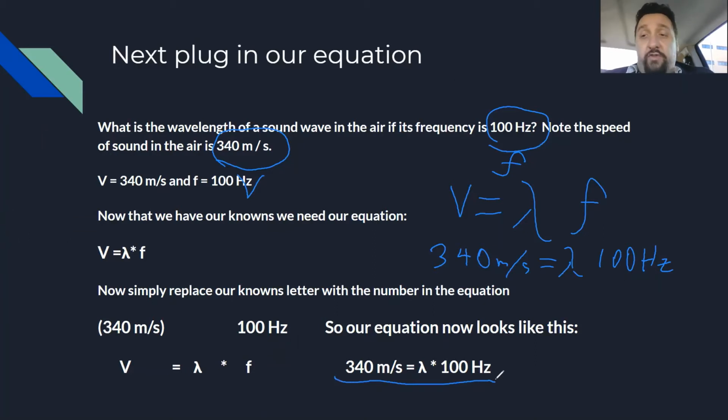Now we need to solve the equation. In order to solve the equation, we're going to have to treat it like a math problem. In a math problem, you want to get all the numbers on one side and the letters on the other.